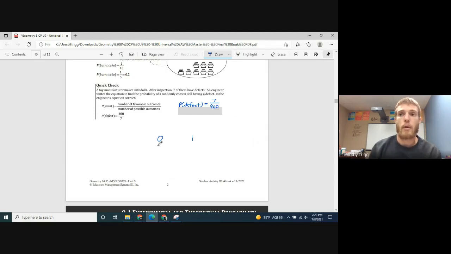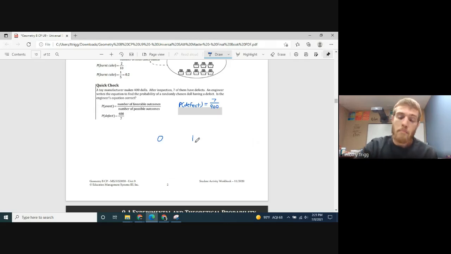An example of an impossible probability would be, when I roll a regular 6-sided die, what's the probability of rolling a 10? Well, a 6-sided die only goes 1 through 6: 1, 2, 3, 4, 5, or 6. So the probability of getting a 10 is 0, because there's no chance of getting a 10 in that circumstance.